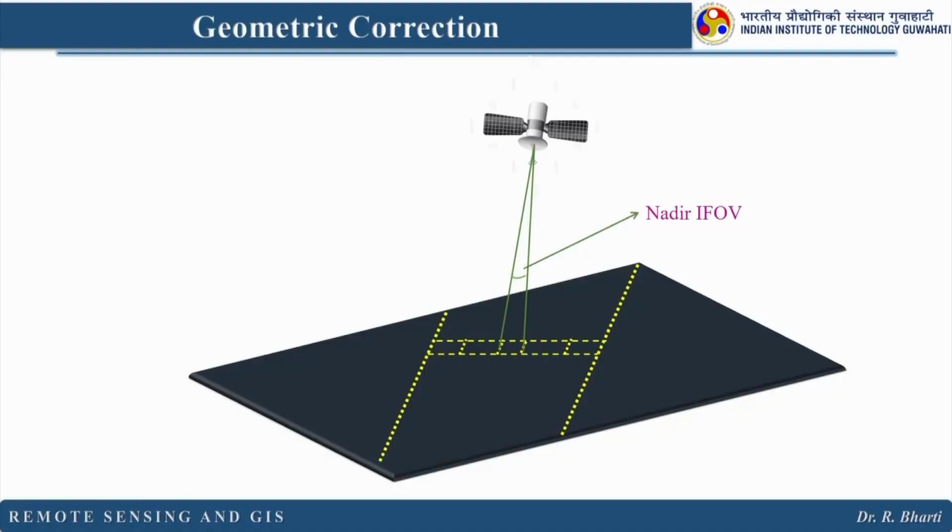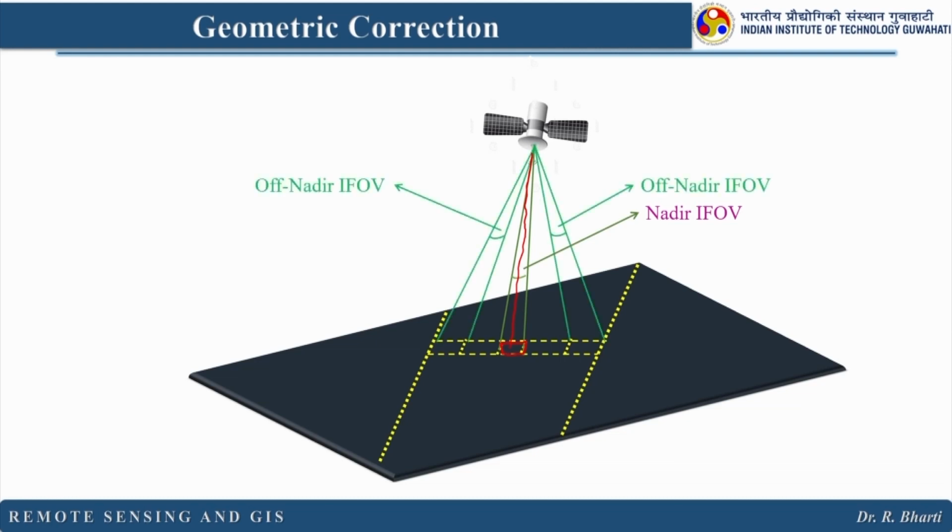So, if you see, this is the nadir looking pixel which is here, right. That means if you draw a line here, this will be perpendicular to your surface, right, and other pixels which have been seen from this particular sensor are called off nadir.